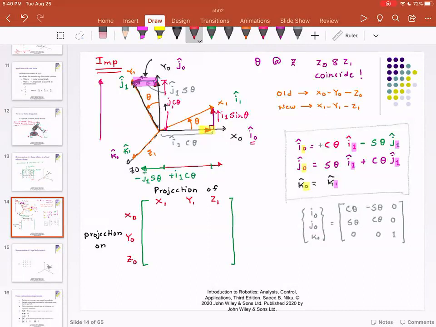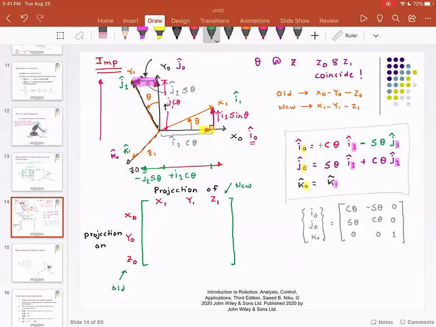Now I want you to understand what's going on here. I just derived the equation mathematically, but I want to give you a very simple intuitive understanding of this. This is the new frame. This is the old frame. I'm interested in finding out the orientation of, or the projection of, the new frame onto the old frame.